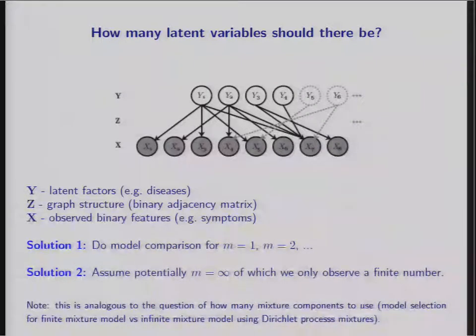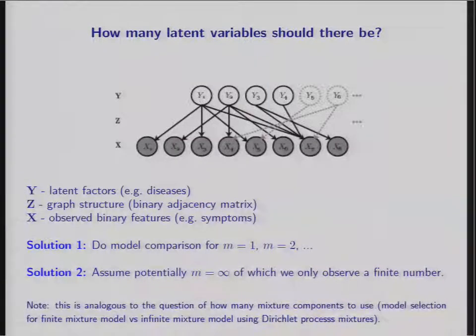So consider a particular form of graph where I have all my observed variables here, and I have all my hidden variables here, and I don't know how many hidden variables to use. Well, we can actually use some of the Bayesian nonparametric ideas that Peter Orbanz and Dylan were just talking about to learn the structure of graphs with hidden variables.